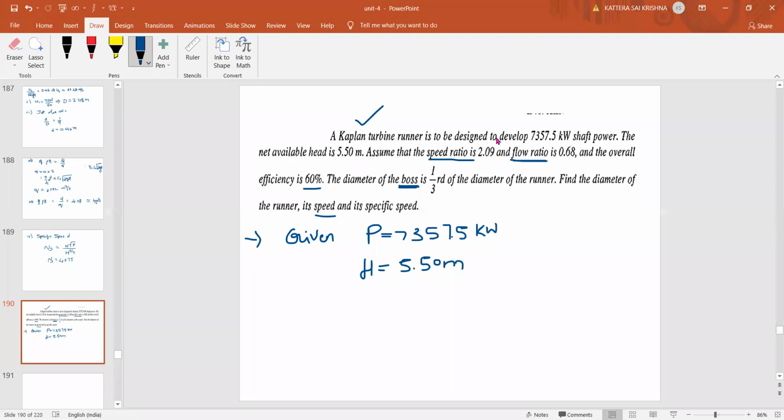Next, the speed ratio is given, and overall efficiency 60%, so it is 0.6. Next, one more condition he has given: diameter of boss equals 1/3 of diameter of the runner D naught. So two more things, that is speed ratio and flow ratio. By using these we'll directly find U1 and VF1.